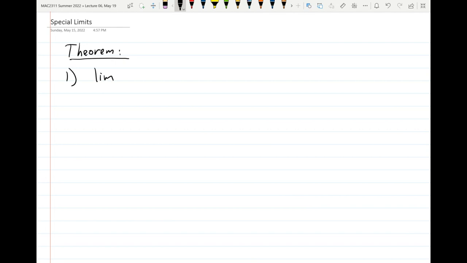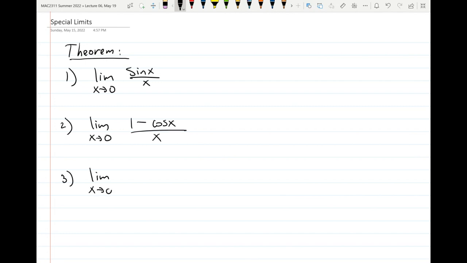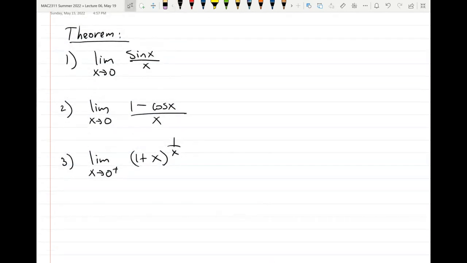The limit as x approaches 0 of sine of x over x, the limit as x approaches 0 of 1 minus cosine of x over x, and then the other one is the limit as x approaches 0 from the right of 1 plus x to the 1 over x. Okay, and then I'm going to write a remark.